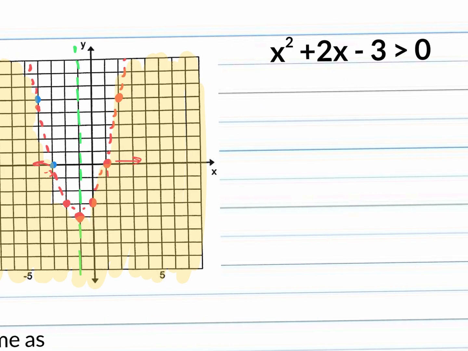So your answers are going to be x is less than negative 3 or x is greater than 1. It's two separate inequalities because it's highlighted to the left and to the right. If they would have been highlighted together, then it'd be a compound inequality written together. But because these areas are apart, you keep the inequalities apart with the word or between them. Does that make sense? Okay.